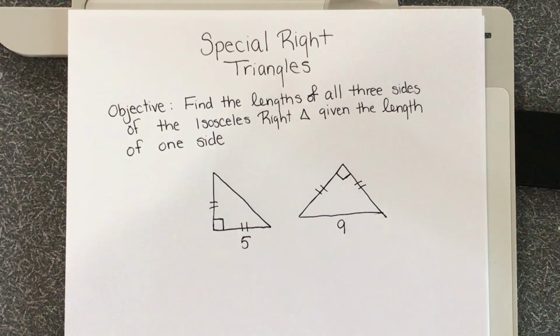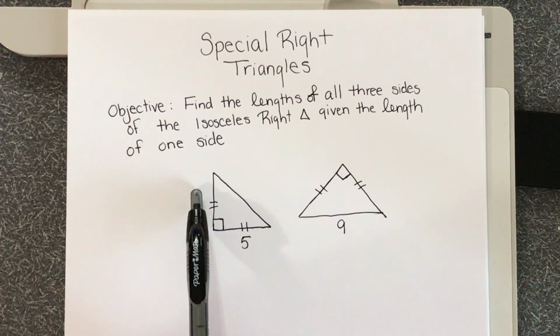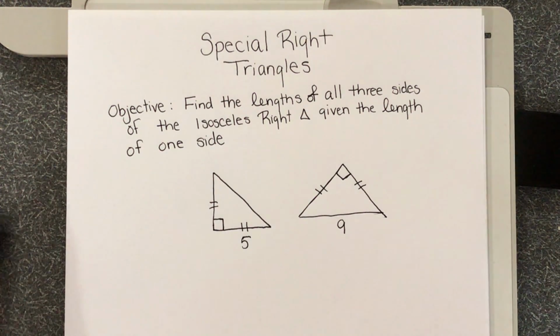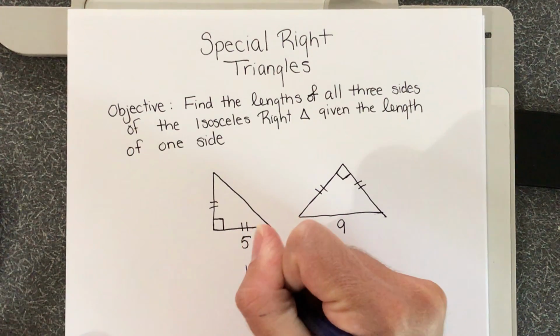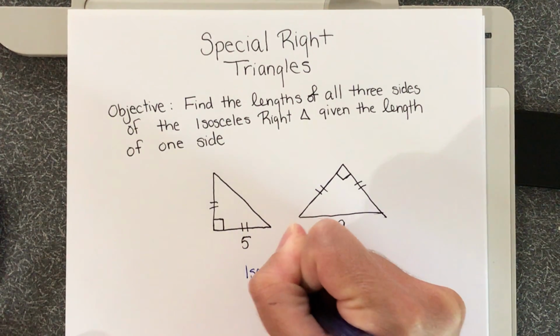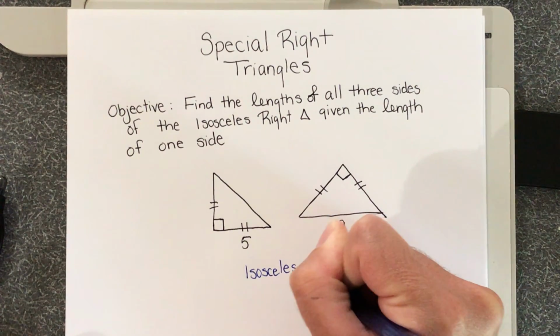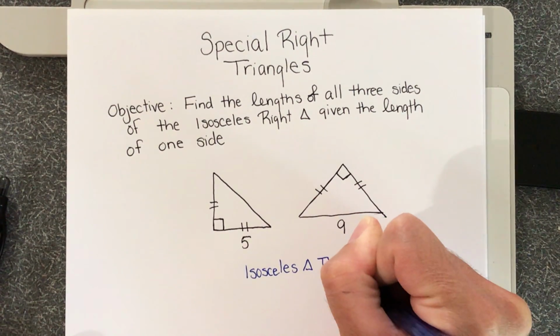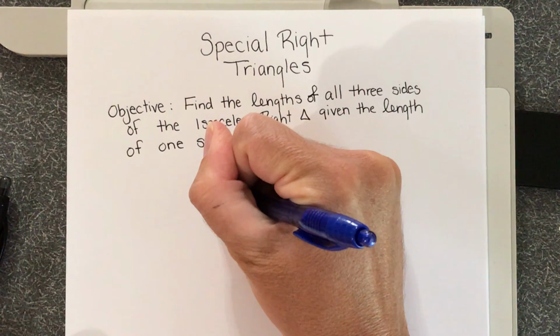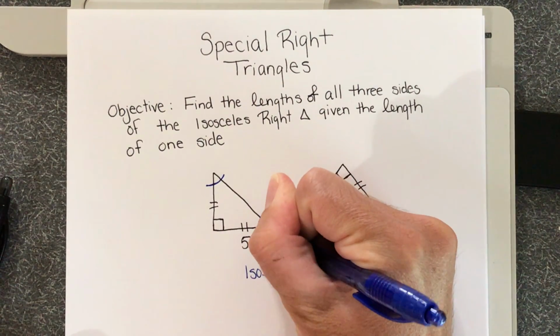Now let's review. In a right triangle, of course you've got the right angle, but if I'm isosceles, then I know that I have at least two congruent sides. But then also, the isosceles triangle theorem says that my base angles are congruent.